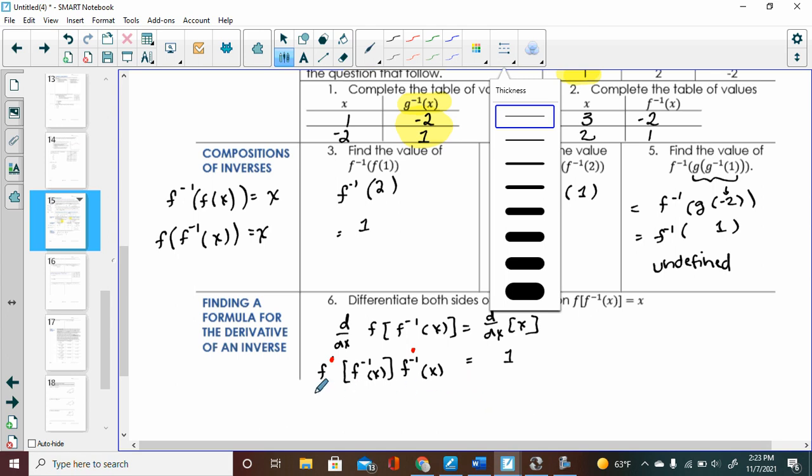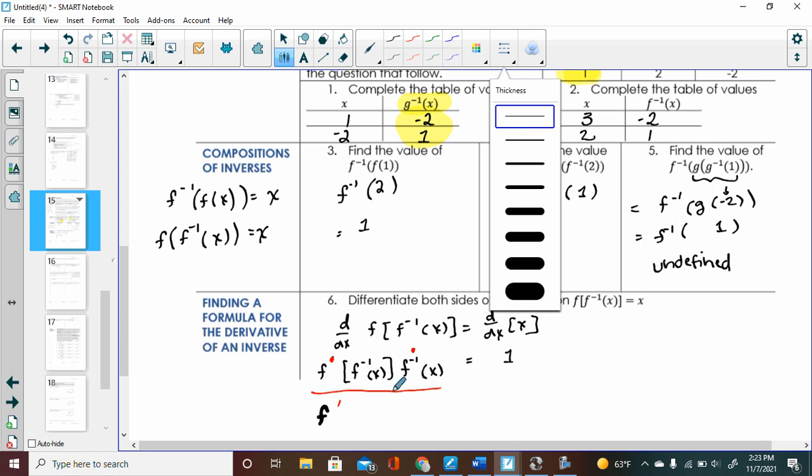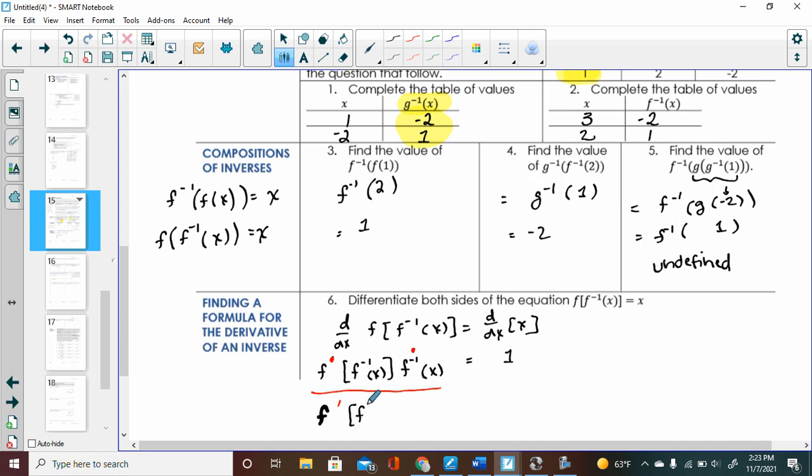So I'm going to divide both sides by all of this. So I have f prime of this inverse, both sides, f prime. I'm going to make a little 1 right here so we can distinguish between that prime and the inverse. This cancels out, and I have finally a formula.